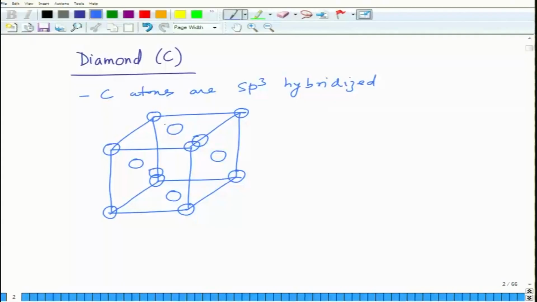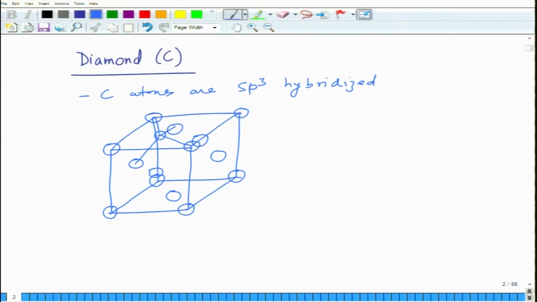So, carbon atoms are present in such a fashion, you have a carbon atom here which is covalently bonded with respect to this, that and the one here and the one here. Okay. So, they will make a tetrahedra. Let me just draw it again.